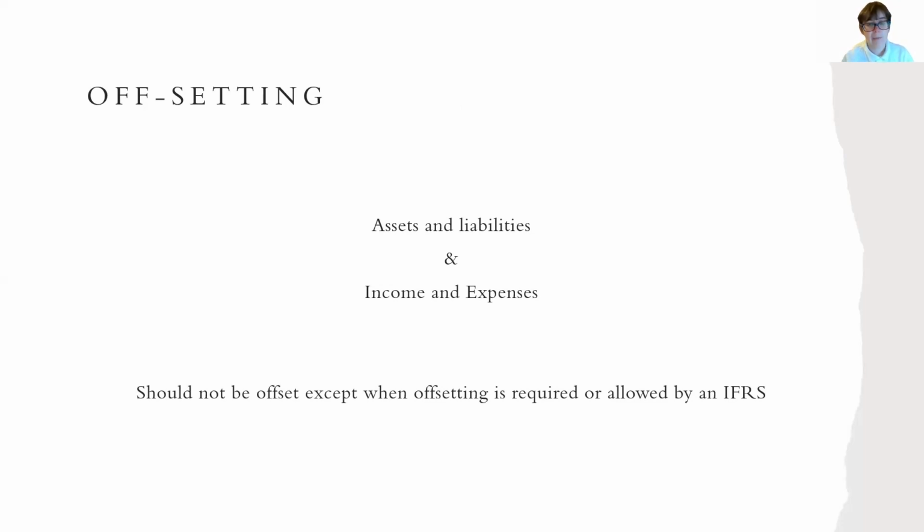So do be careful. Sometimes, just for the benefit of the doubt, it is easier if you just post both the asset and the liability and both the income and expense, just to ensure that you have met that requirement.